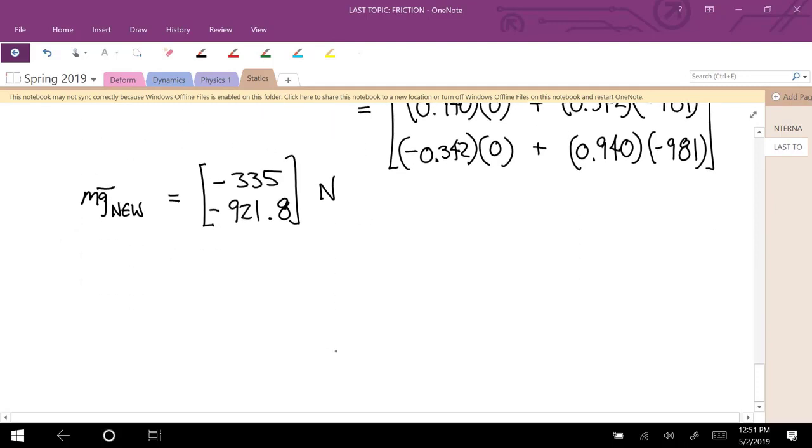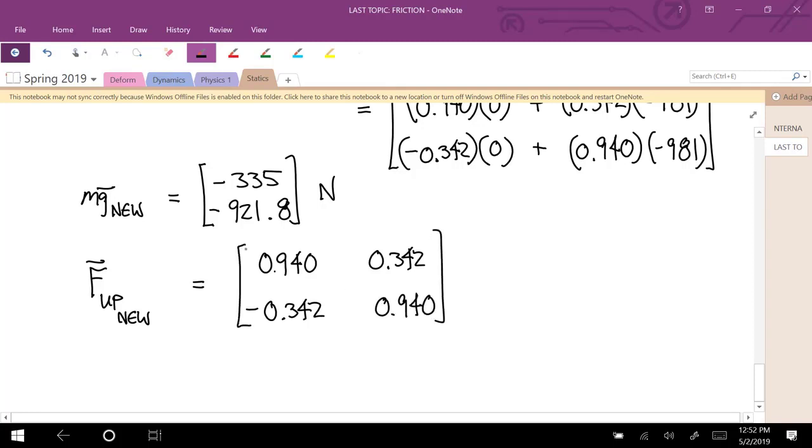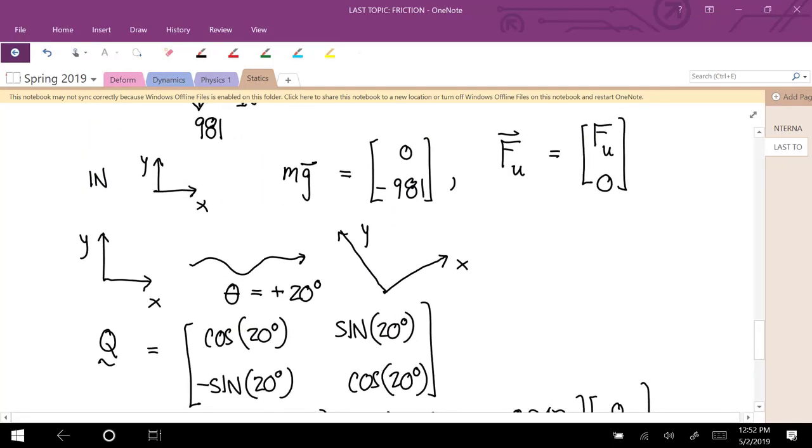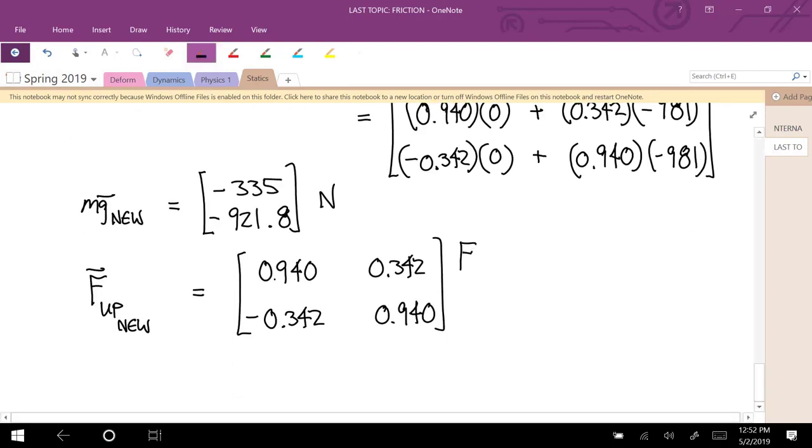And then we have to do the same thing for the force up in the new coordinate system. That's equal to the rotation matrix, 0.940, 0.342, negative 0.342, positive 0.940, multiplied by the force up the ramp in our original coordinate system, which is Fu, 0.